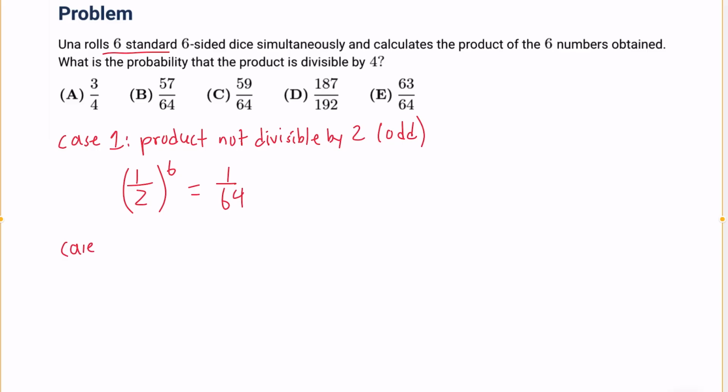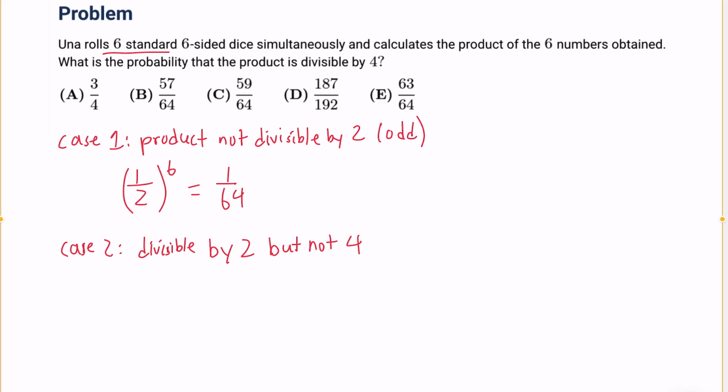And then the second case was when it's divisible by 2, but not 4. So that means that there's only one factor of 2 in the product.